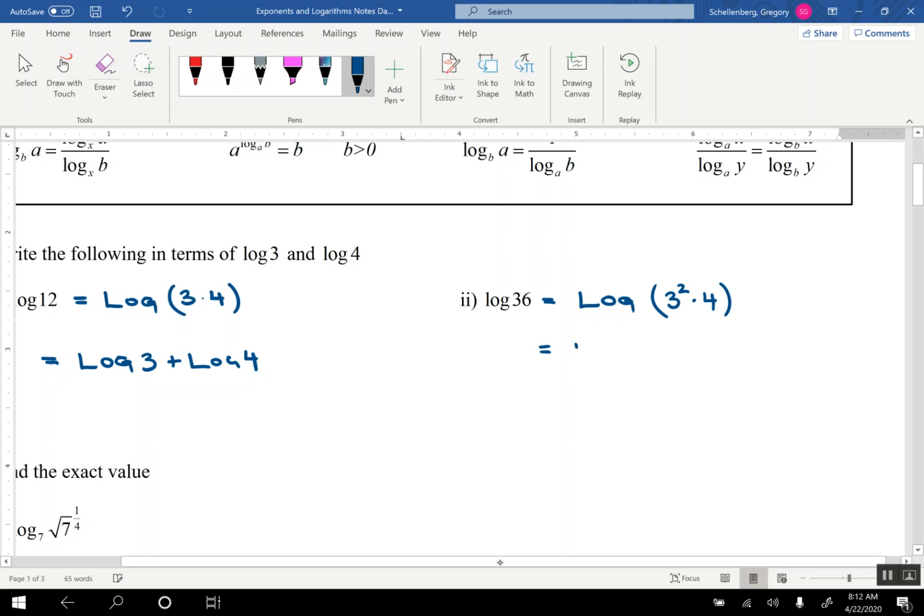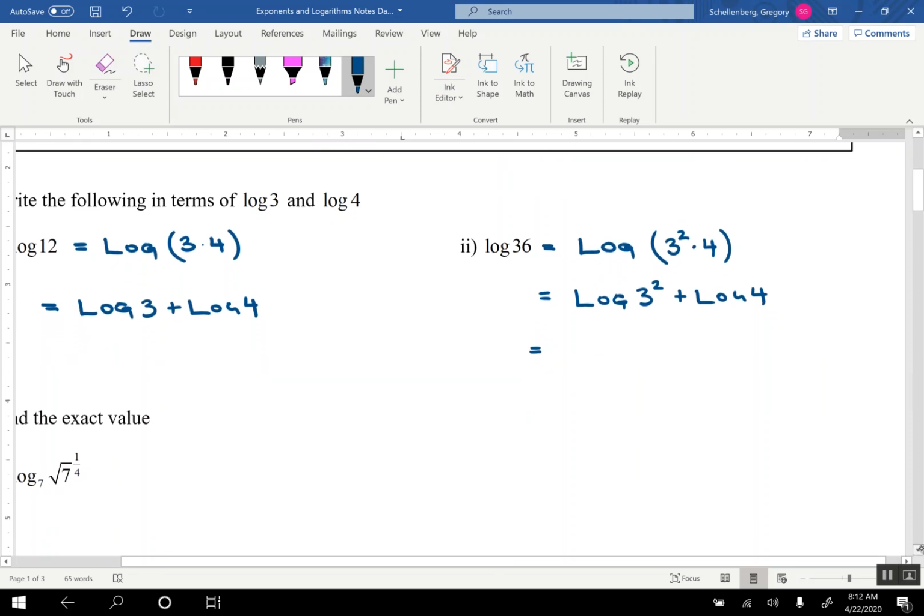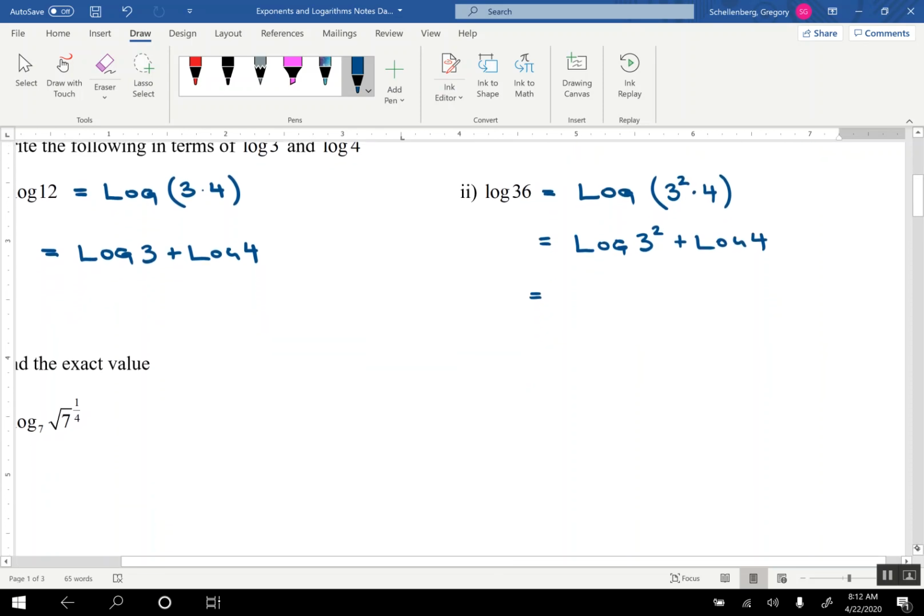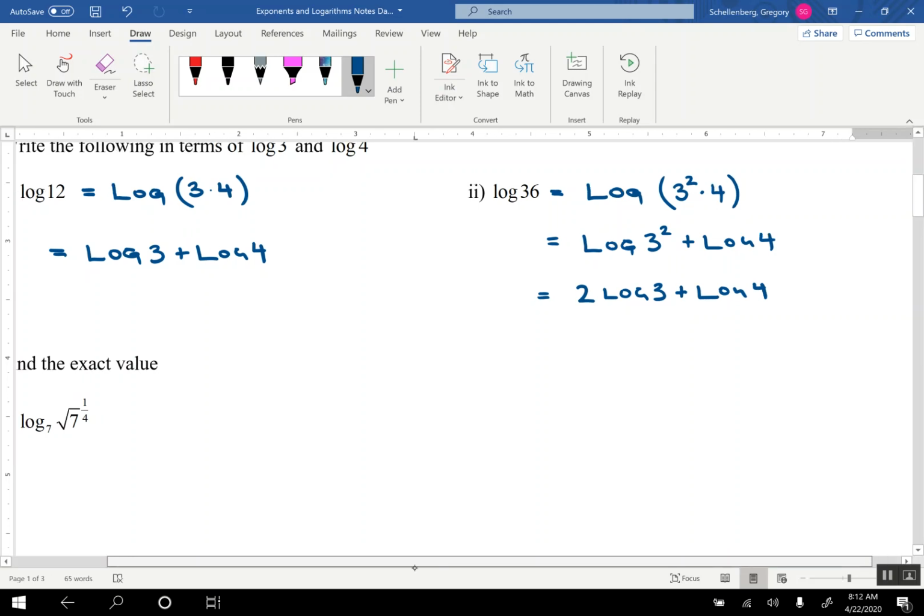And so using multiplication law, we can rewrite this as the log of 3 squared plus the log of 4. And then power law tells us that we can move that exponent out in front as a coefficient. So the log 3 squared becomes 2 times the log of 3 plus the log of 4. All right.